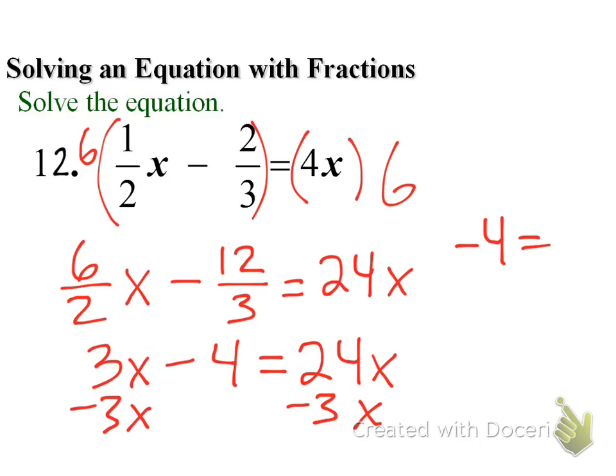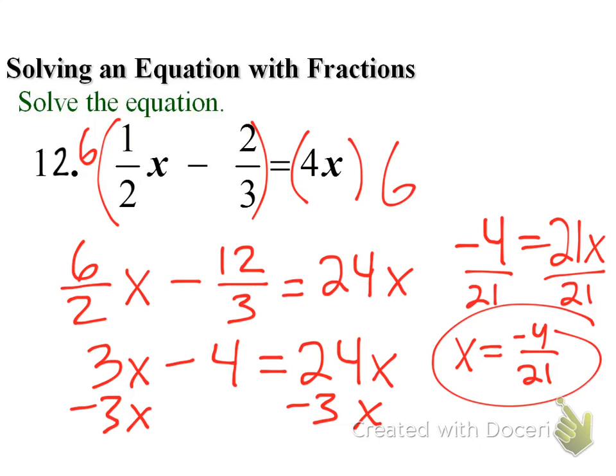If you multiply through by a 2, that would only cancel your first fraction. If you multiply through by a 3, it would only cancel this one. So a 6 will take care of all of it. Good question. What next? Easiest step? Divide by 21. Good, divide by 21. What are your questions on this one?